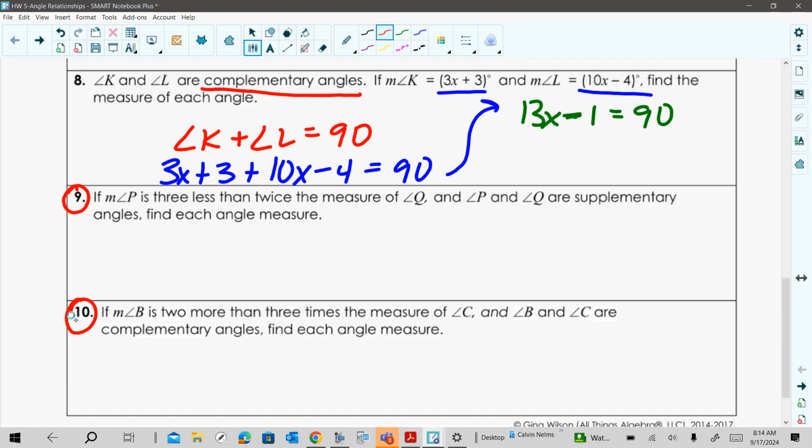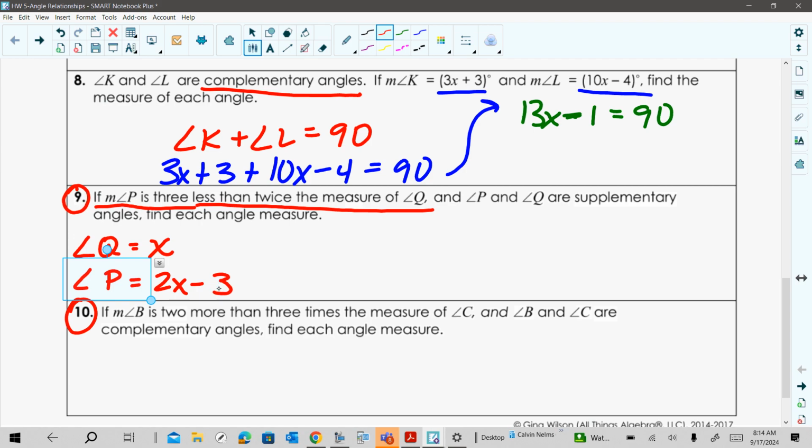If I go based on the first sentence right here, if the measure of P is 3 less than twice the measure of Q, I don't have the measure of Q. So I'm going to define Q, the angle Q, as my x. Then angle P, I'm going to show 3 less than twice that. Twice Q would be 2x, 3 less would be minus 3.